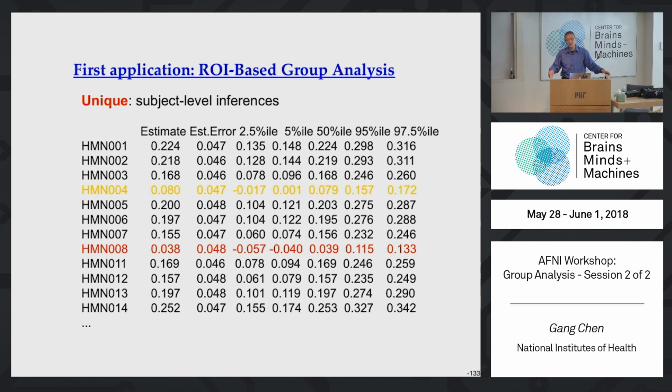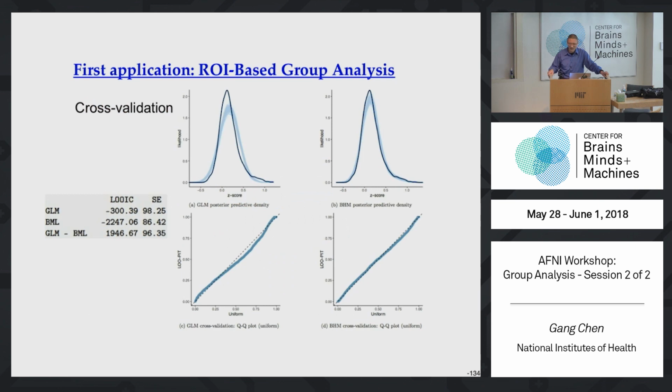Then you may ask, how good is your model? Well, we can assess the model or compare it to the traditional approach. One way is cross validation. You can calculate the information criteria, leave-one-out for example, and compare with the traditional approach.